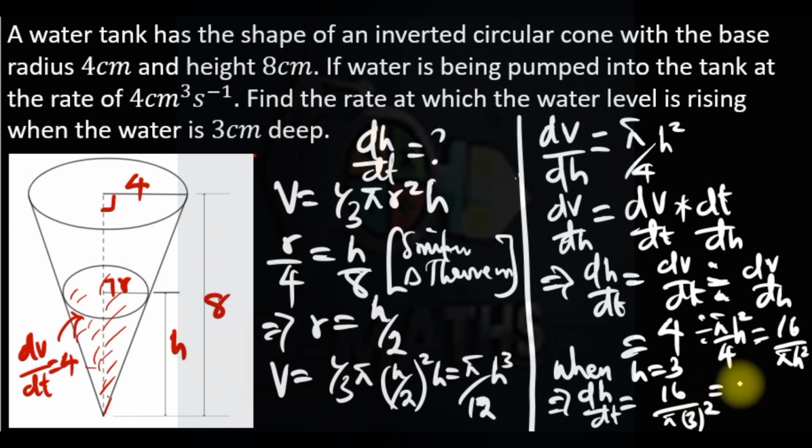So our answer is 16 over 9 pi. That is cm per second. So that's our answer, 16 over 9 pi cm per second.